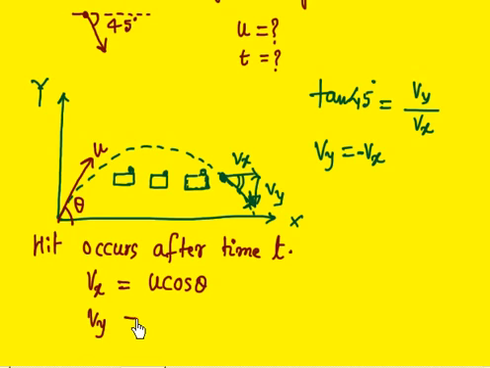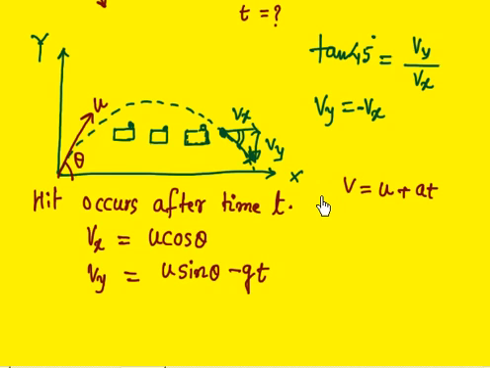Vy after time t: V equals u plus at. If you remember, the V equals u plus at formula. So V equals u sin theta, and a is negative, so this is u sin theta minus gt. Now if we plug these two things here, I will have u sin theta minus gt.